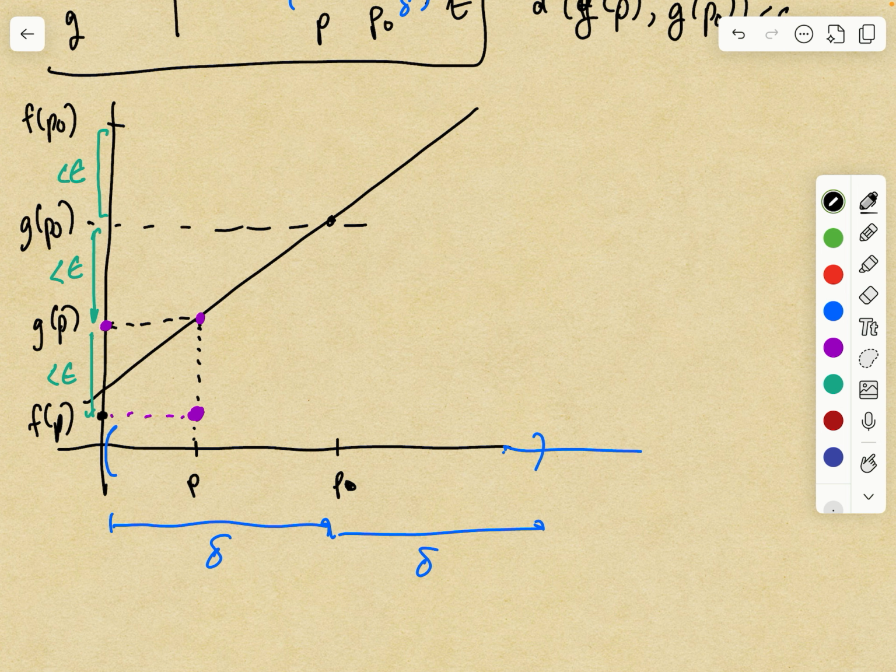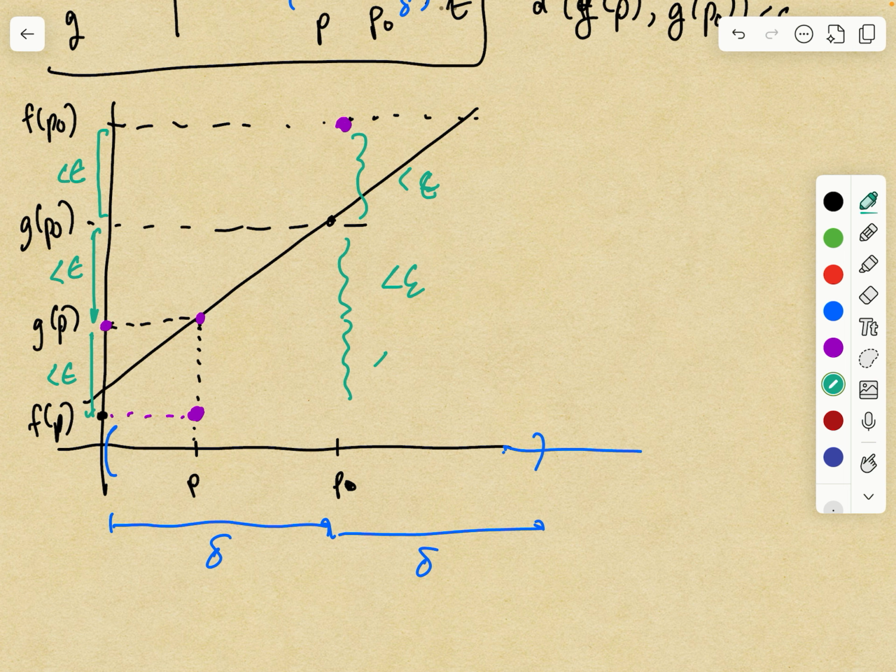So if you want to make your f of p and f of p naught as far as possible, you're going to have to make f of p naught all the way up here, but it's still not that far away. Right? So this distance is less than epsilon. This distance is less than epsilon.